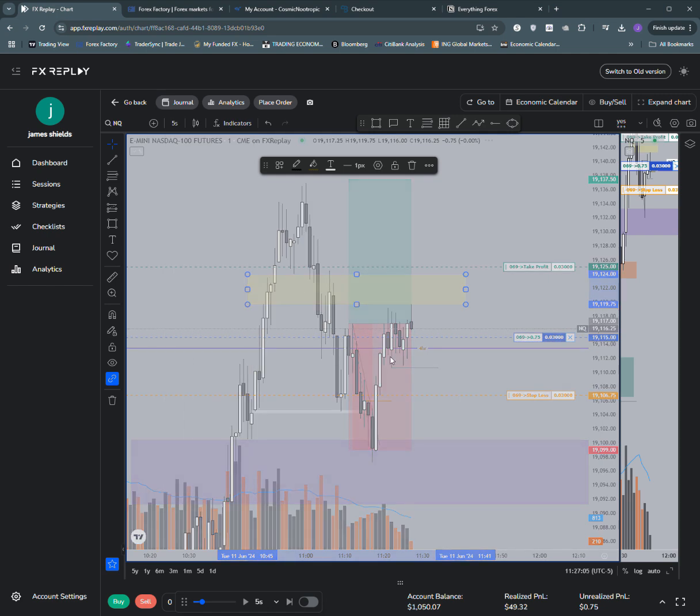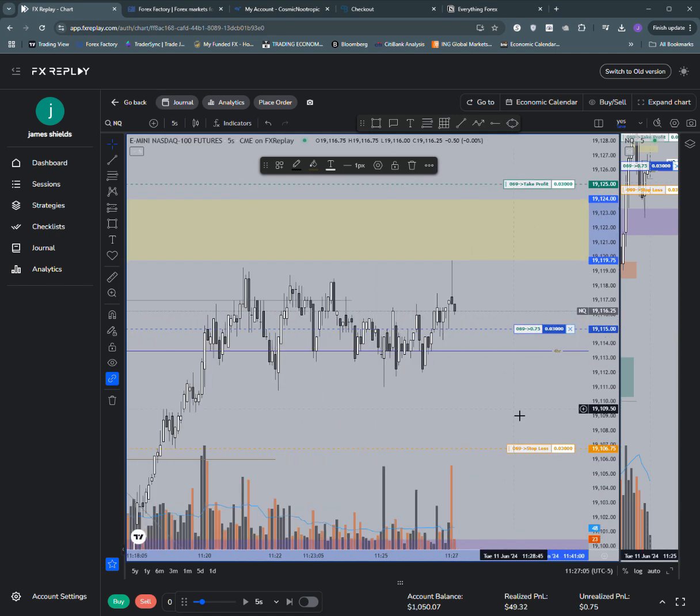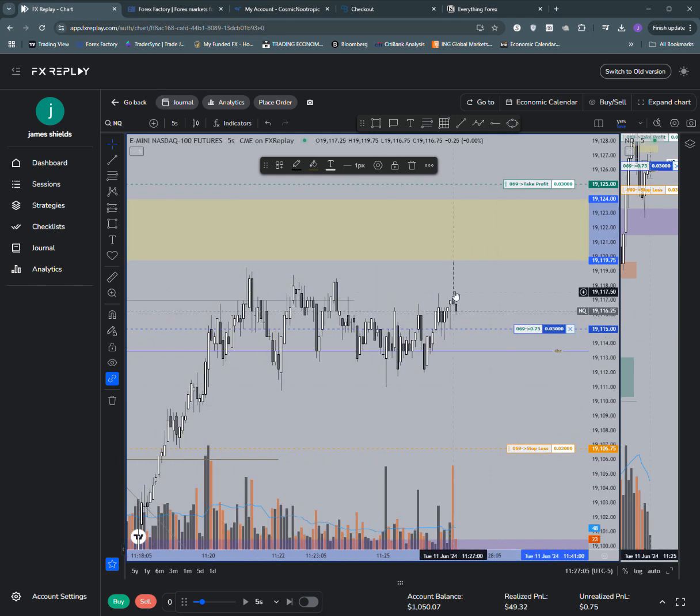Let's see, 5 seconds. We got a huge volume spike right here as soon as we hit this fair value gap. Volume spike here.